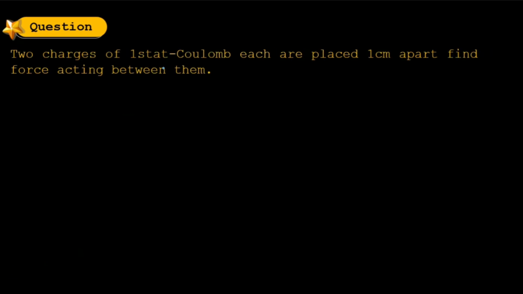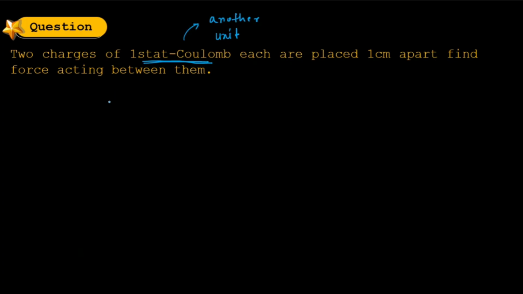So, two charges of one stat coulomb. In the first class, I told you that stat coulomb is another unit for charge. Although you don't need to remember it, that question might be asked, though there is not that much chance.